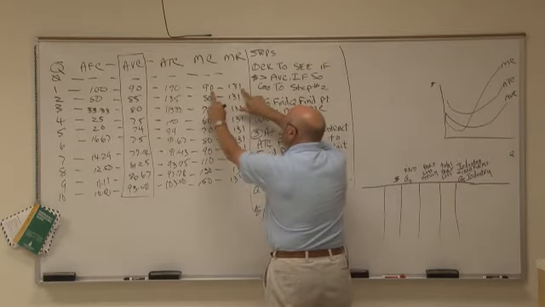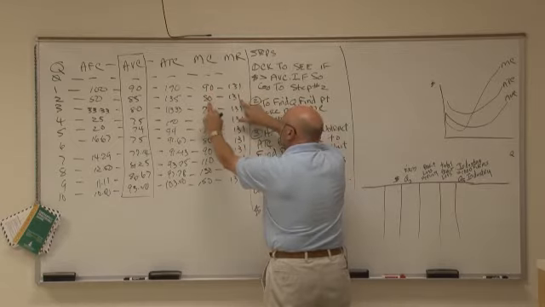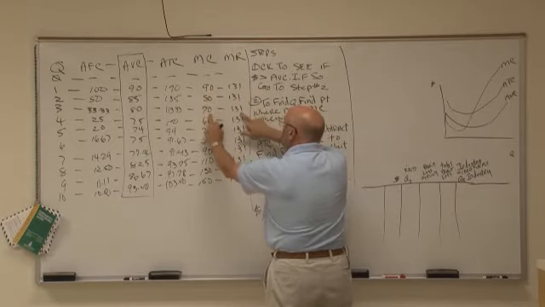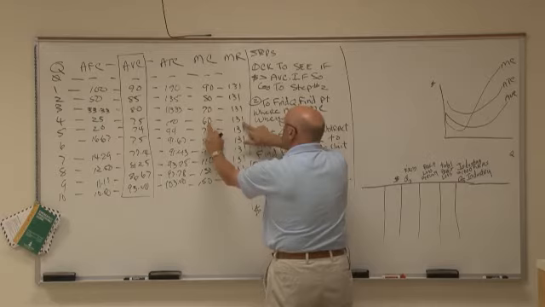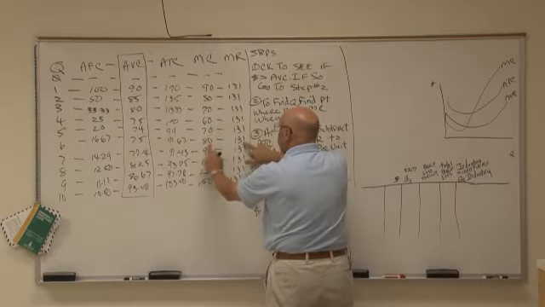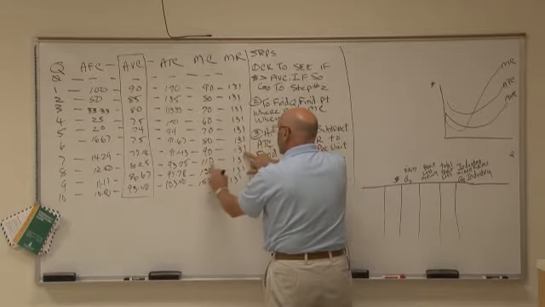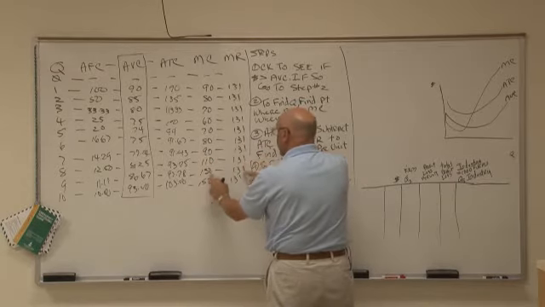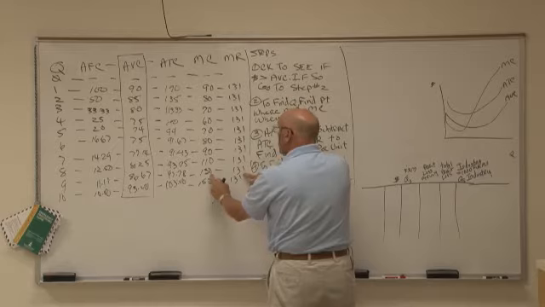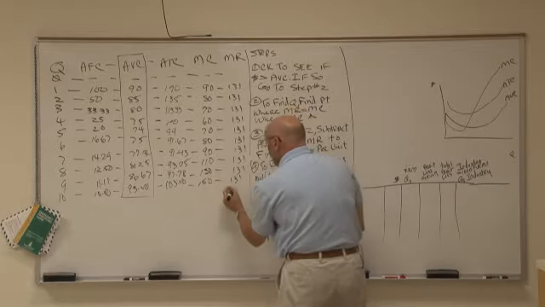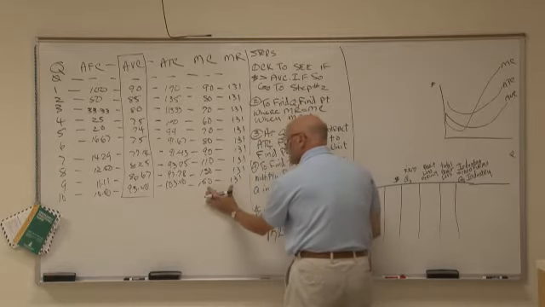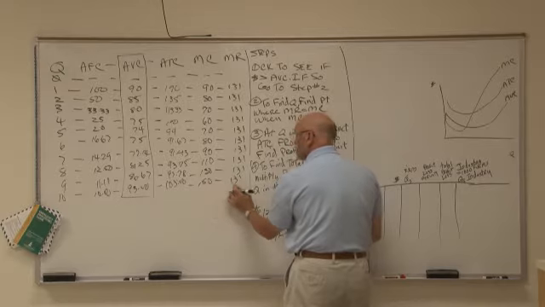My marginal revenue is $131. My marginal cost is $90. I keep comparing down the column, and at the end I'm not going to produce this unit because my marginal cost is $130... I mean greater than $131.